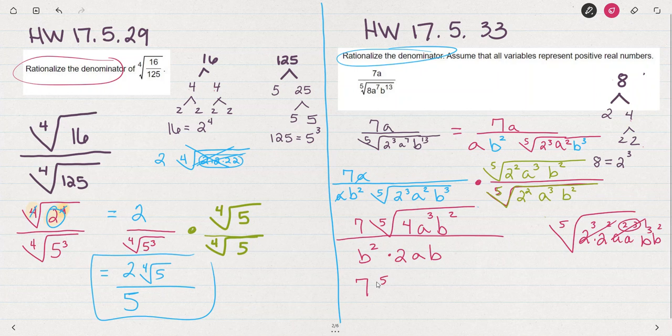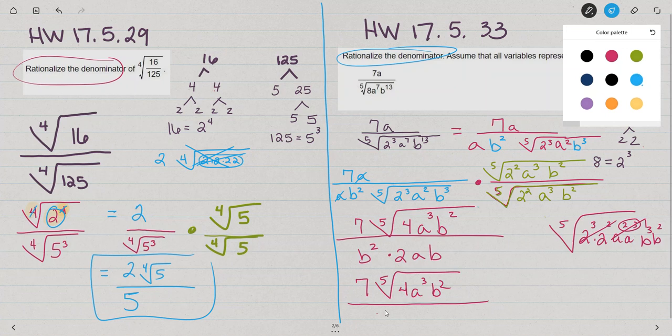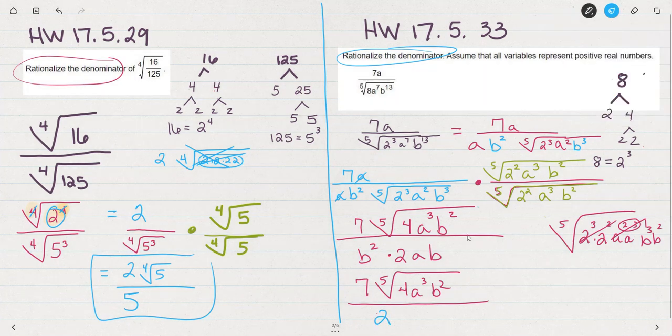So the final answer could be 7 times the fifth root of 4, a cubed b squared, and in the denominator I'm going to put the number first, the 2, and then I'll put the variables in alphabetical order, a, b, and we've got b squared times b, so 2 plus 1 gives us b to the third. And that's it. That's our final answer.